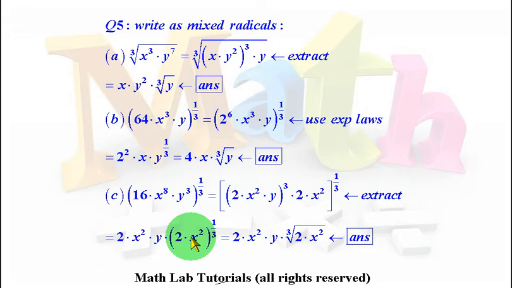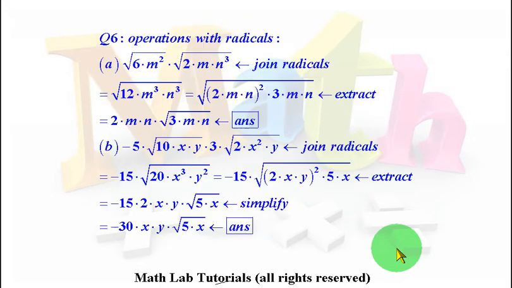Okay, then at the end we can convert this to cube roots because the power 1/3 means cube root. And so we have a 2x squared dot y on the outside, that's the good guy. And then we have cube root 2x squared, so 2x squared is the bad guy. And then we're done. Okay, let's go on to the next slide.